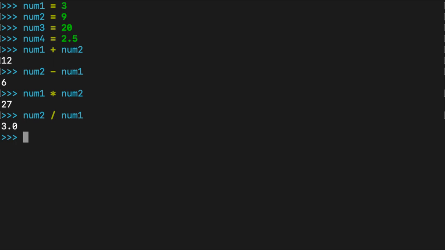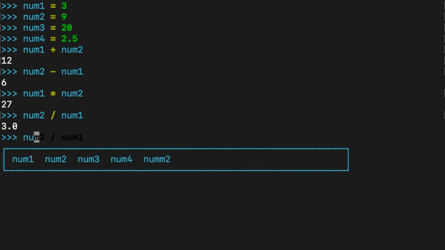And some of the other operators that we saw on the previous slide were a few unusual ones. I'll have a look at the exponent operator first. Exponent is just another term for power. So if I want to raise something to a power, for example, to square a number or to find the cube of a number.